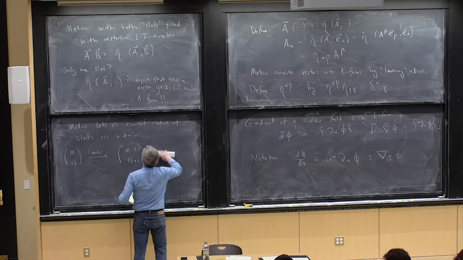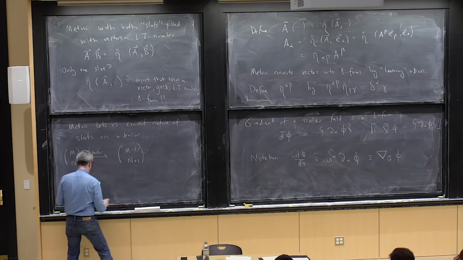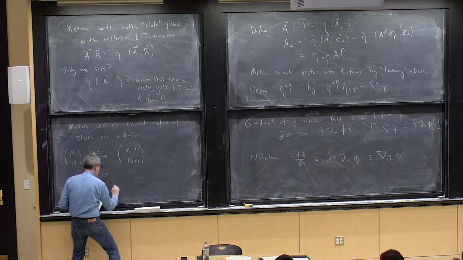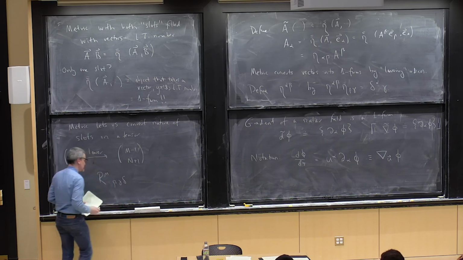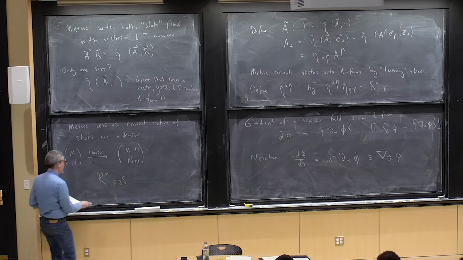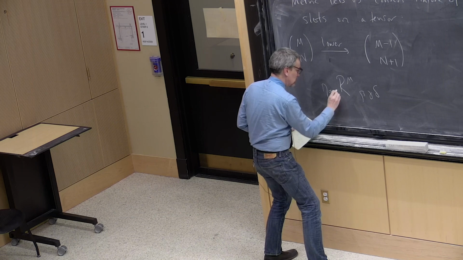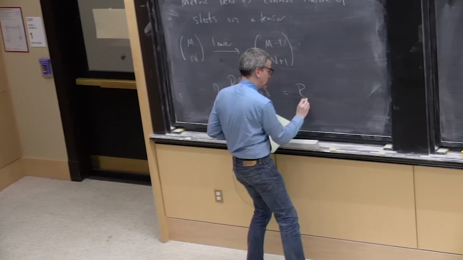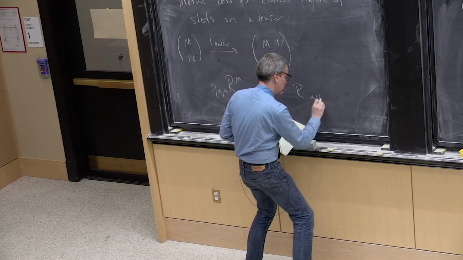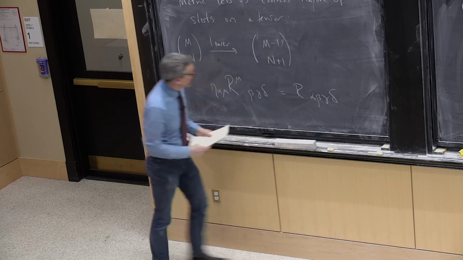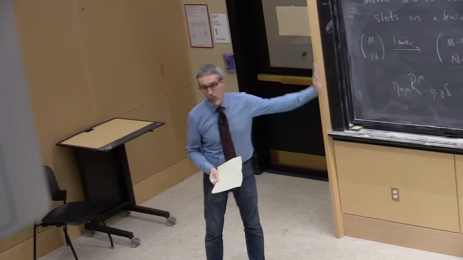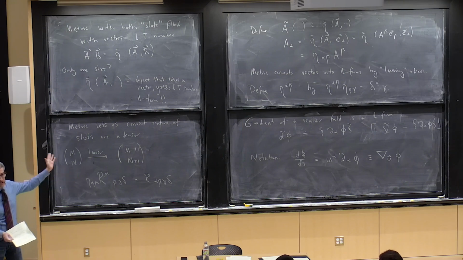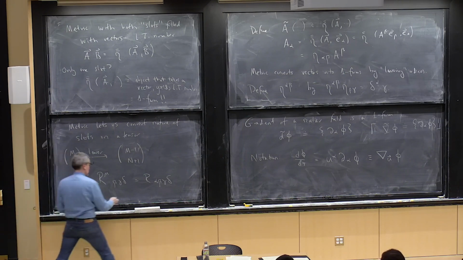Let's say I've got a tensor R, mu, beta, gamma, delta, and I lower that first index. Okay. So this went from something that operates on one-form and 3 vectors, now it's something that operates on 4 vectors.